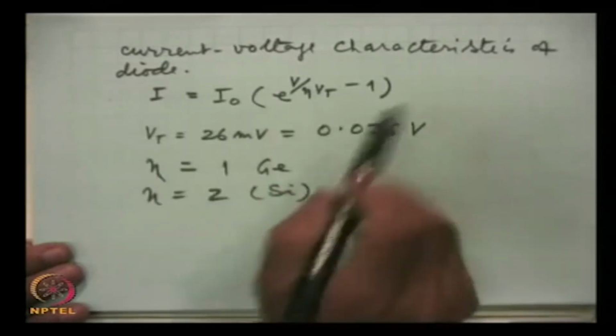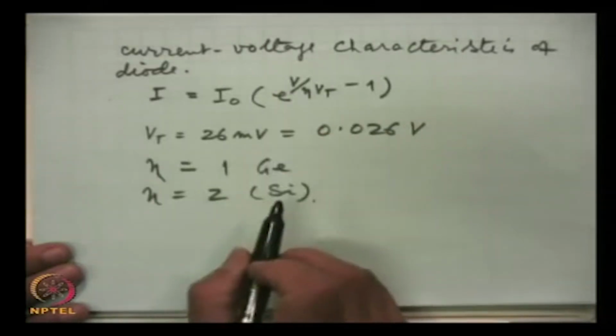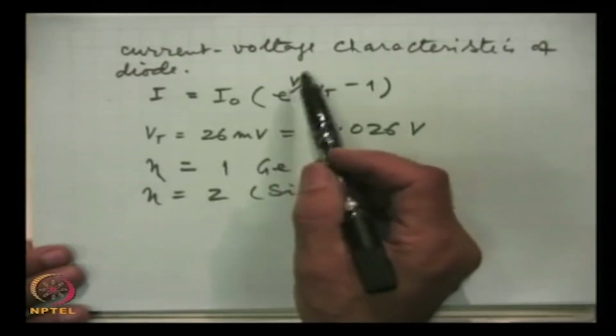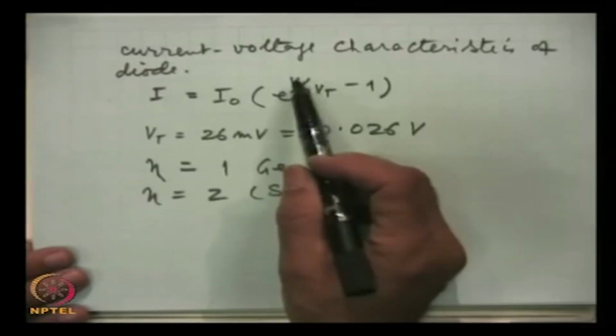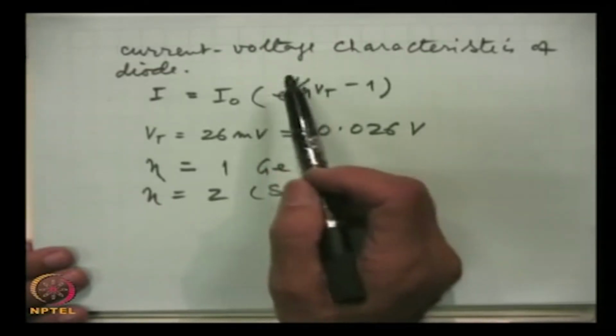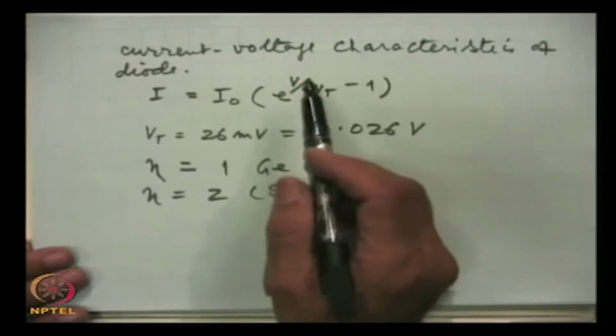And V of course is the applied voltage which we have to consider with appropriate sign. For forward bias it is positive, for reverse bias it is negative.